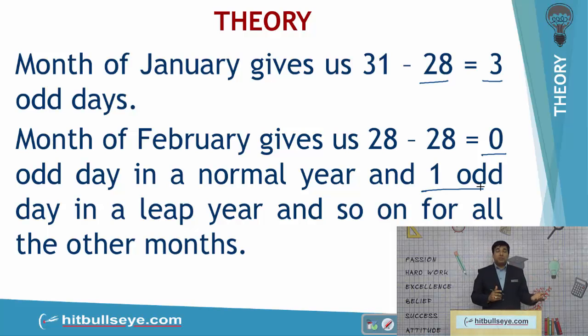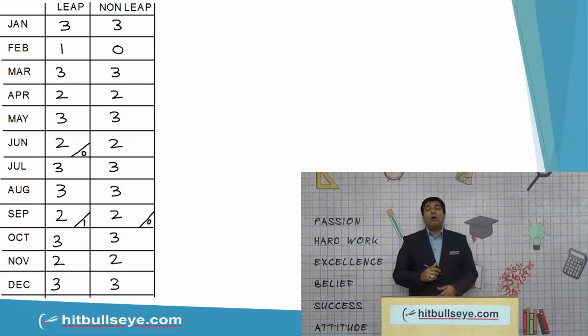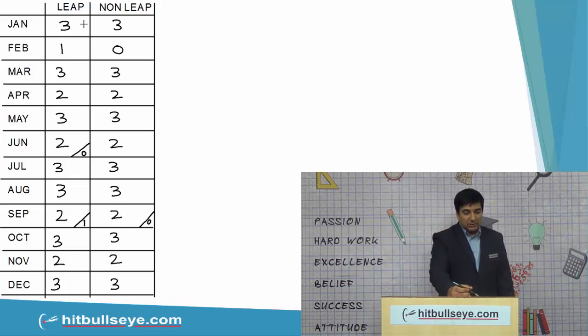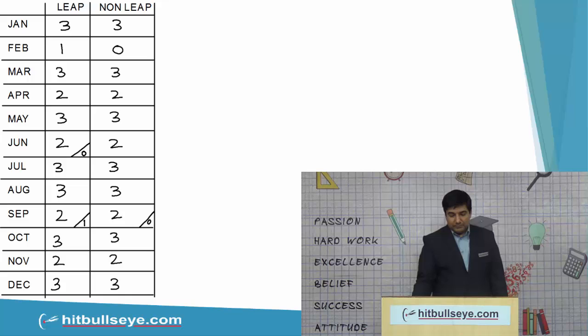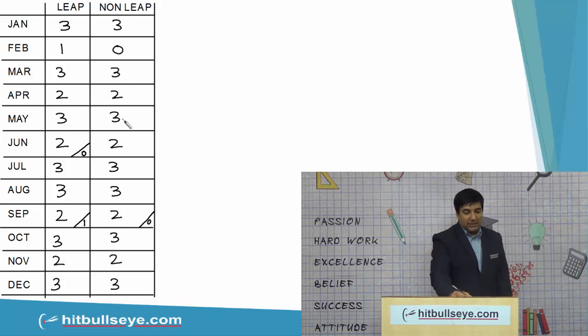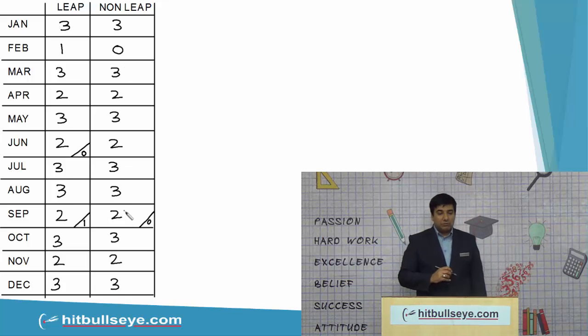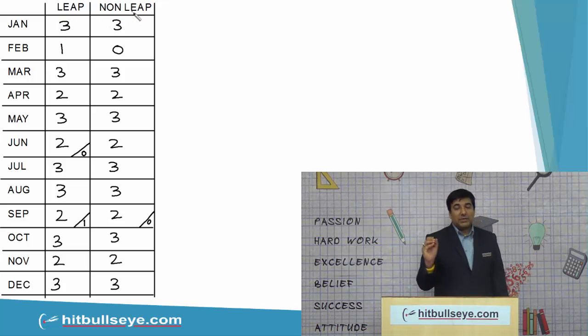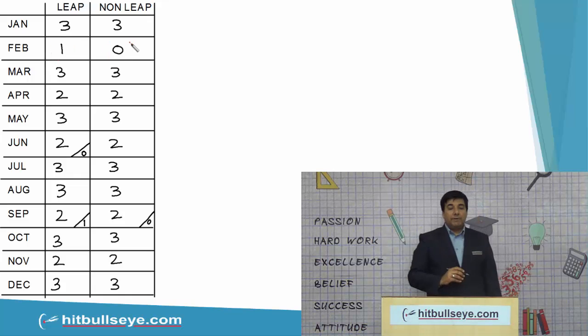Likewise, for March, we would have 3 extra days. Let's have a table of these extra days. These are the days for a leap year and these are the days for a non-leap year. January would have 3 in a non-leap year and also in a leap year. Likewise, there is a difference only in the case of February.